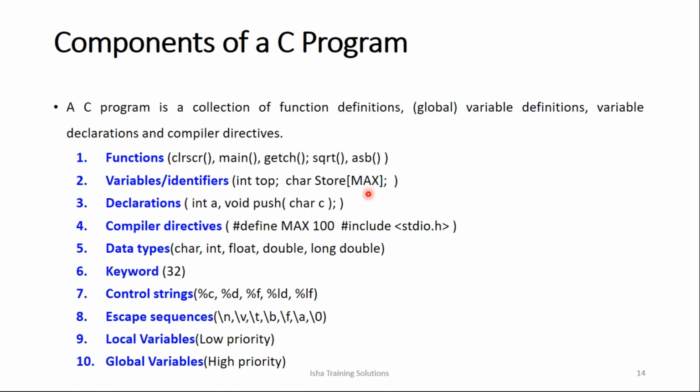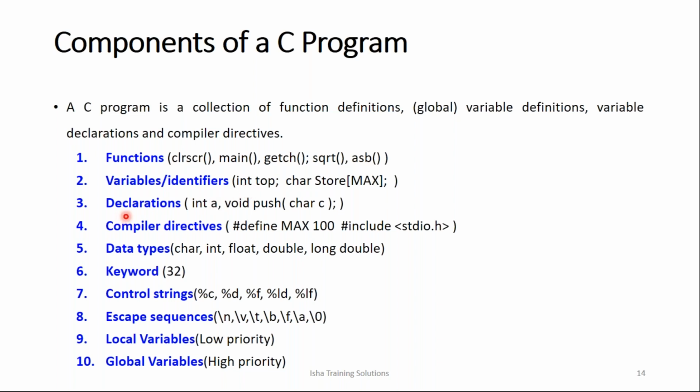This denotes that this store variable is an array. We will see what an array actually is in a later session, so that you will be more clear. As of now, store is also a variable or identifier of character data type. Character data type means it can store data in the form of alphabets, A, B, C, like that, whereas integer will store data in the form of numbers, 1, 2, 3, like that.